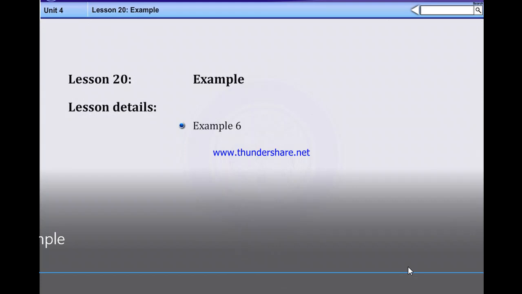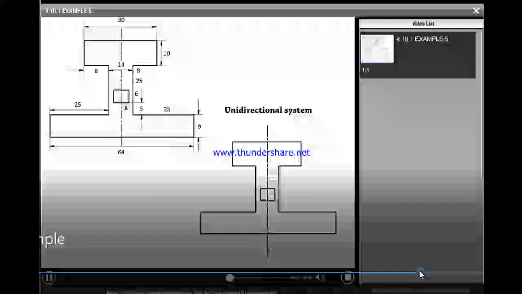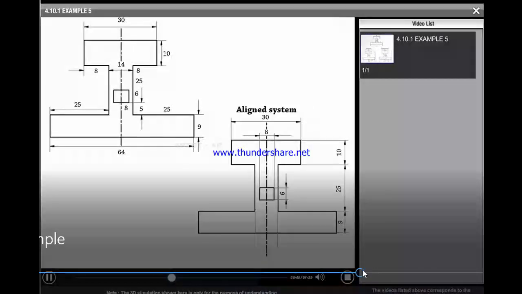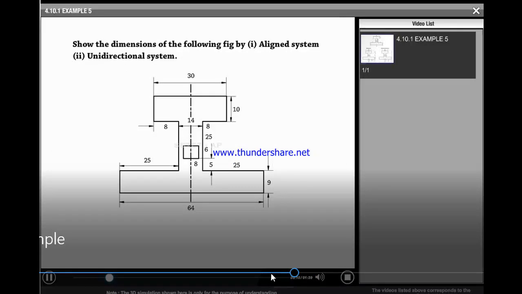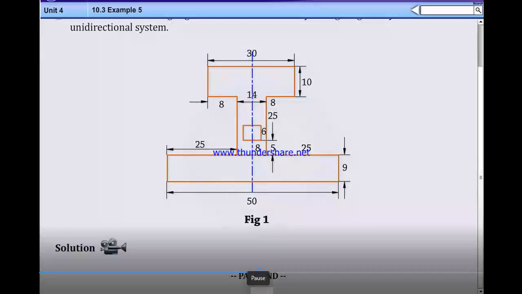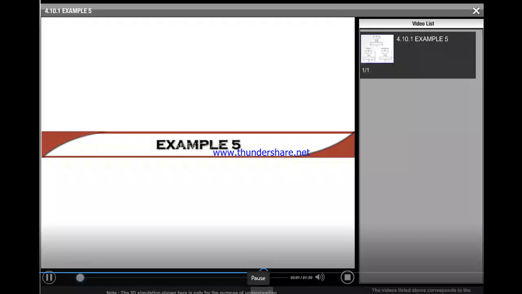In this way, let us take one more. Once again, listen to that example. Example problem 5.